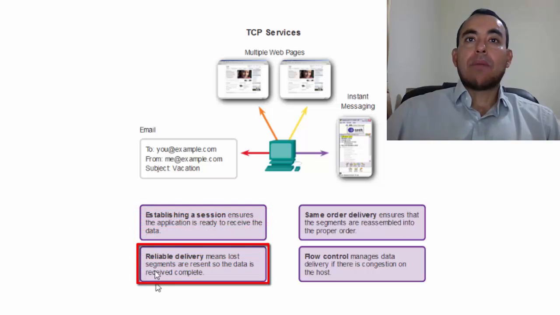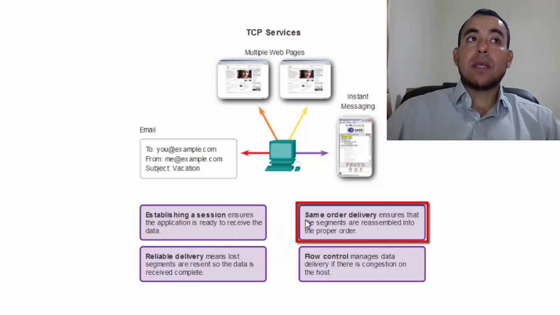TCP also provides reliable delivery, which means that we have to maintain some acknowledgement for any delivered segments, and if this acknowledgement did not arrive on time, then we have to retransmit the lost segments.